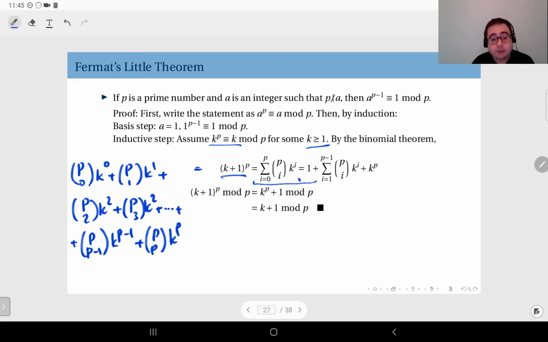Okay, so this is the general statement of this expression.